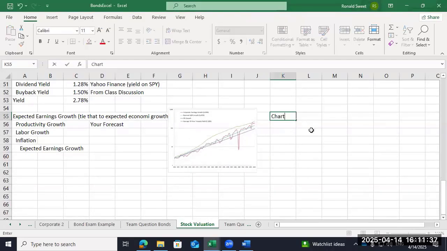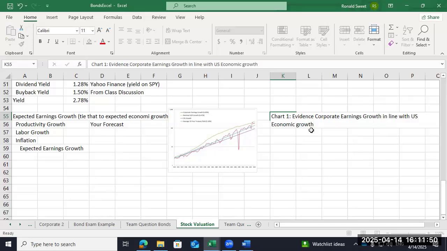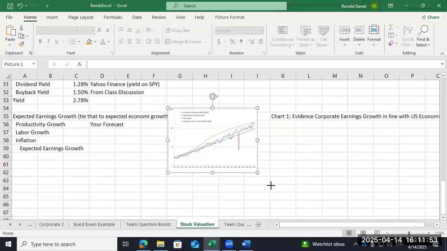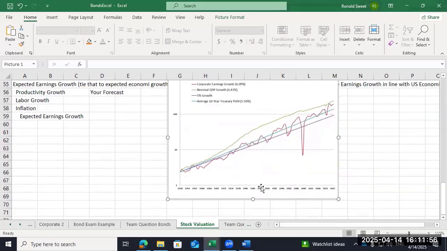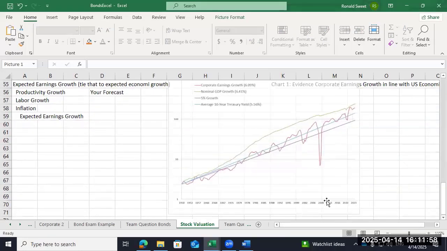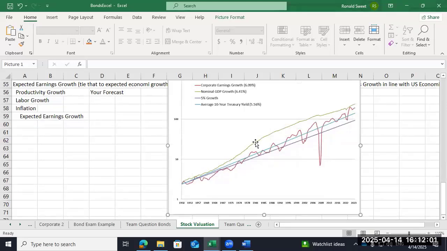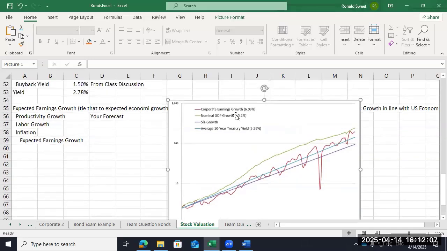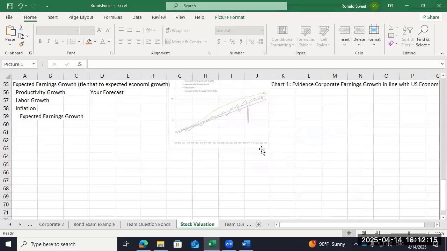So chart 1 is evidence corporate earnings grow in line with U.S. economic growth. So you should hopefully remember this from the exam, question 1. The green line is economic growth and the red line is corporate earnings growth. You can see corporate earnings growth has been about 6.1%, GDP growth about 6.4%.